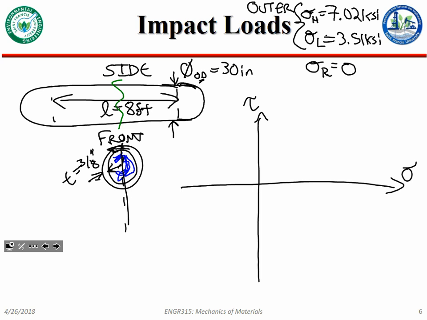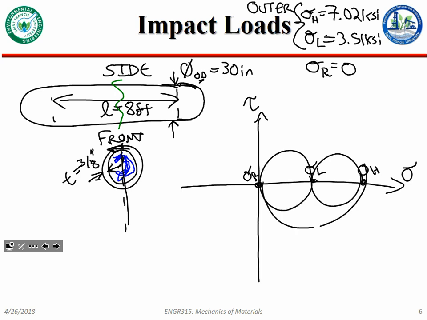Yeah, slightly larger. So you could recompute those, and once you had those, you can draw your 3 circles again. The only difference being that sigma r is now at 0. And you have your new numbers for your longitudinal and your hoop stress.